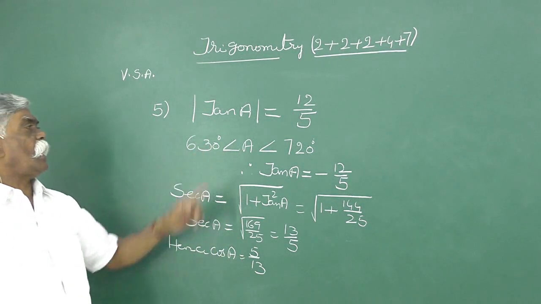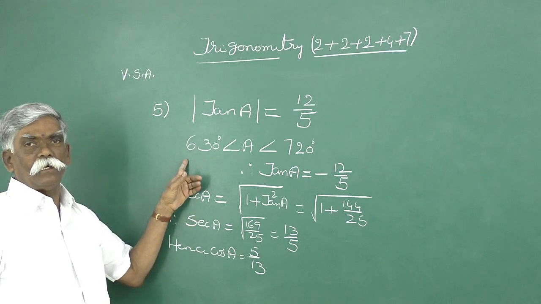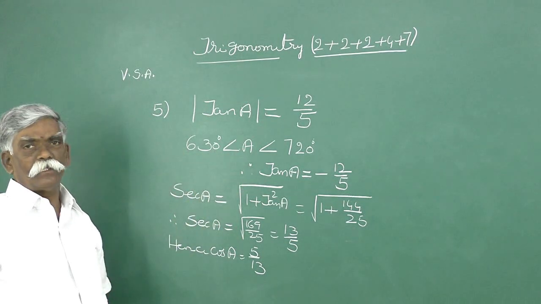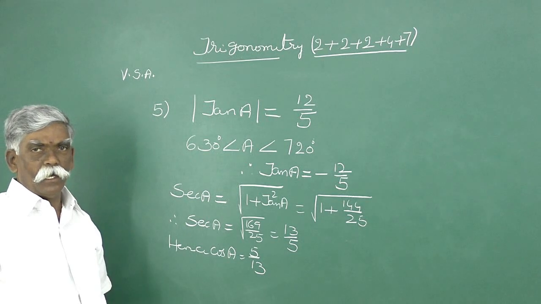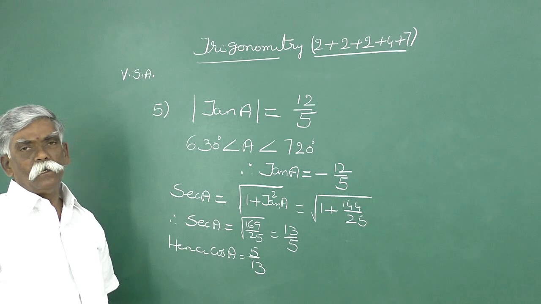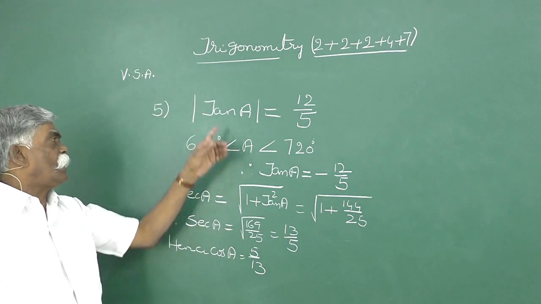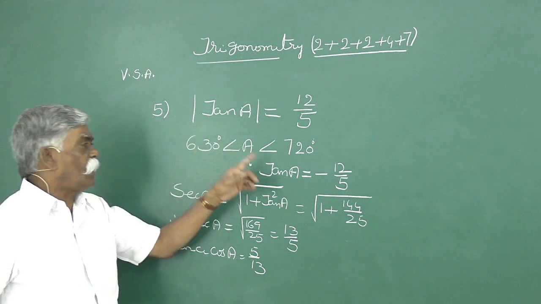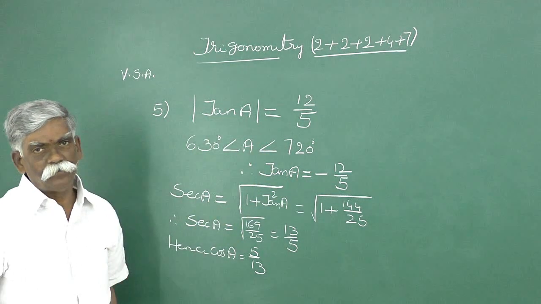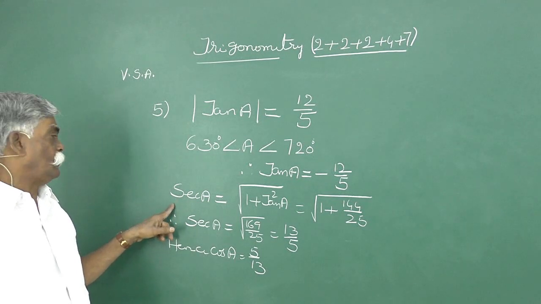So modulus of tan A is equal to 12 by 5, and it is given that 630 degrees is less than A is less than 720. Hence A is in the fourth quadrant, and since the angle A is in the fourth quadrant tan A is negative, therefore tan A is equal to minus 12 by 5. And in the fourth quadrant secant is positive.